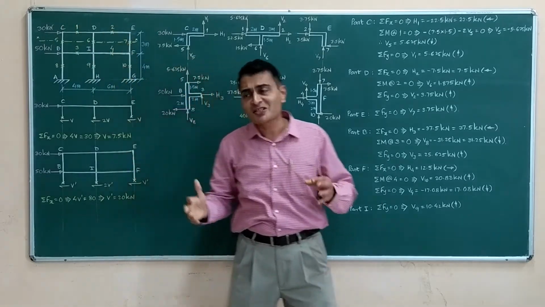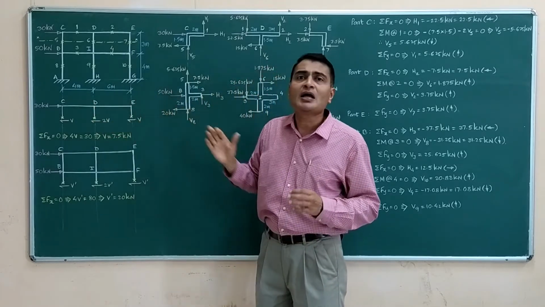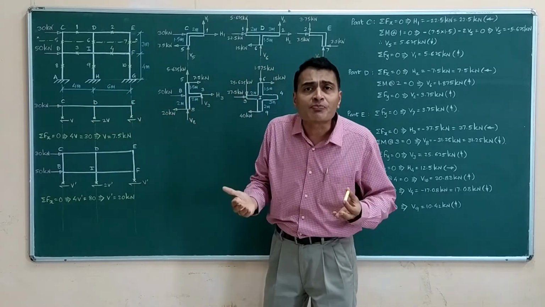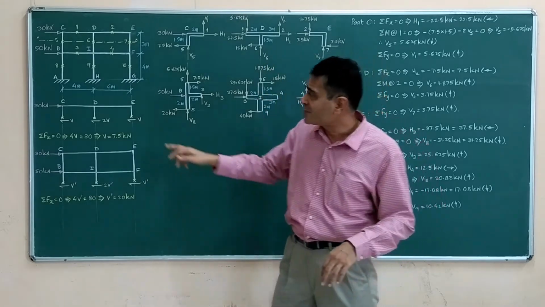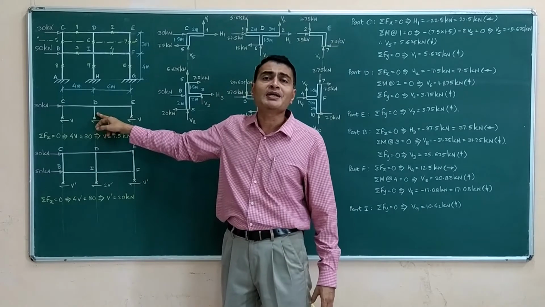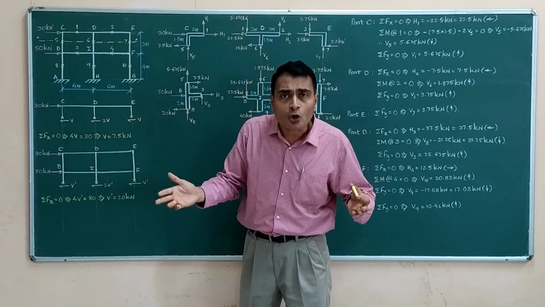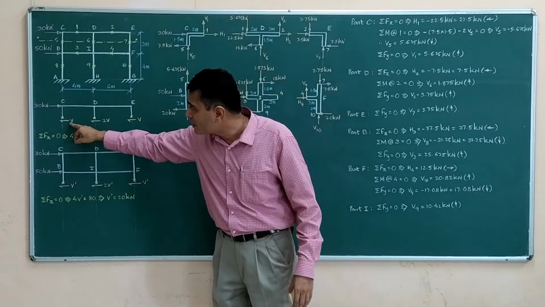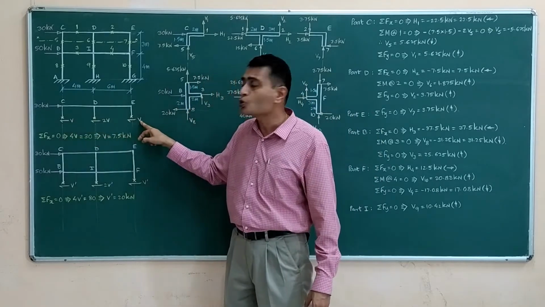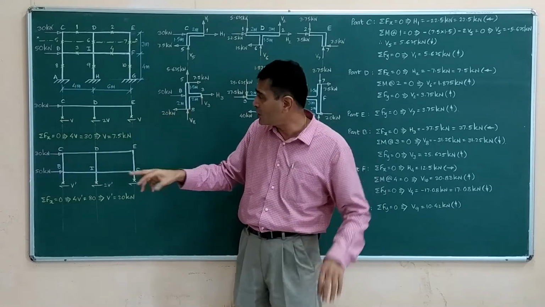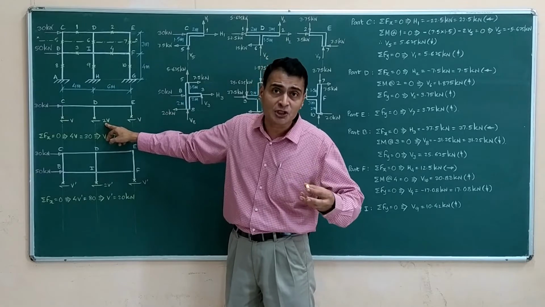So that is precisely what I have shown here. This is our FBD, and in this FBD I am using my third assumption of the Portal method, that the interior column is carrying double the shear of the exterior column. That is, I am showing here a horizontal shear force of V. This is also V. These two are exterior columns, and then here I am showing 2V, double the shear.